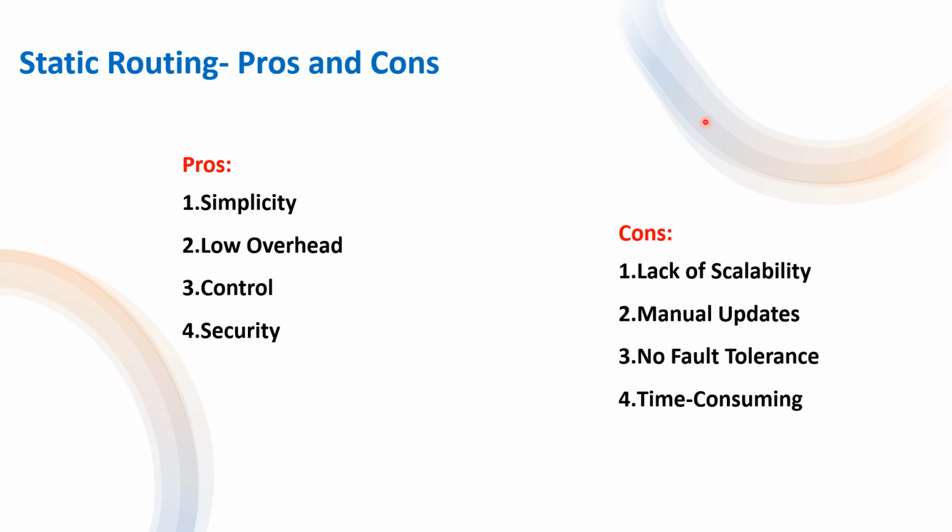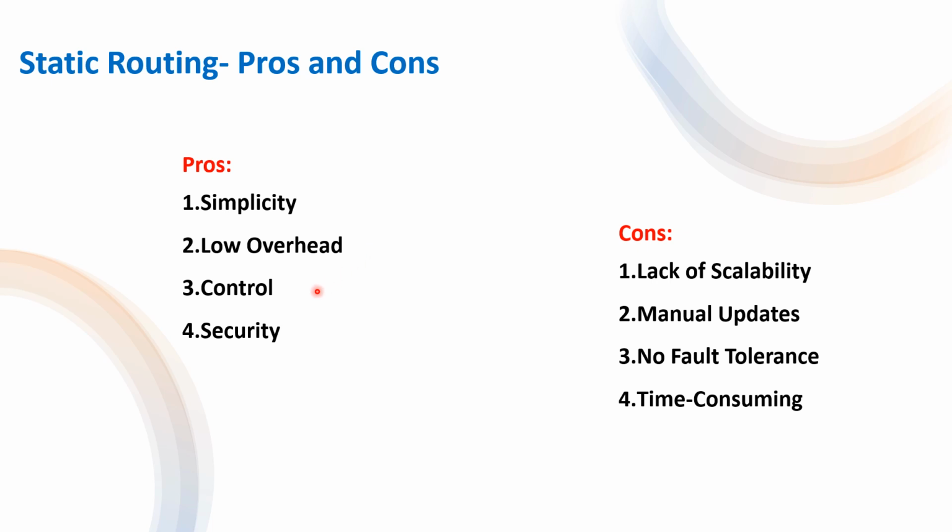Let's dive into the pros and cons of static routing, a fundamental concept in network management. Starting with the advantages, simplicity. Static routing is easy to configure and manage, especially in small and stable networks. It does not require a routing protocol, so it uses minimal router resources and bandwidth.